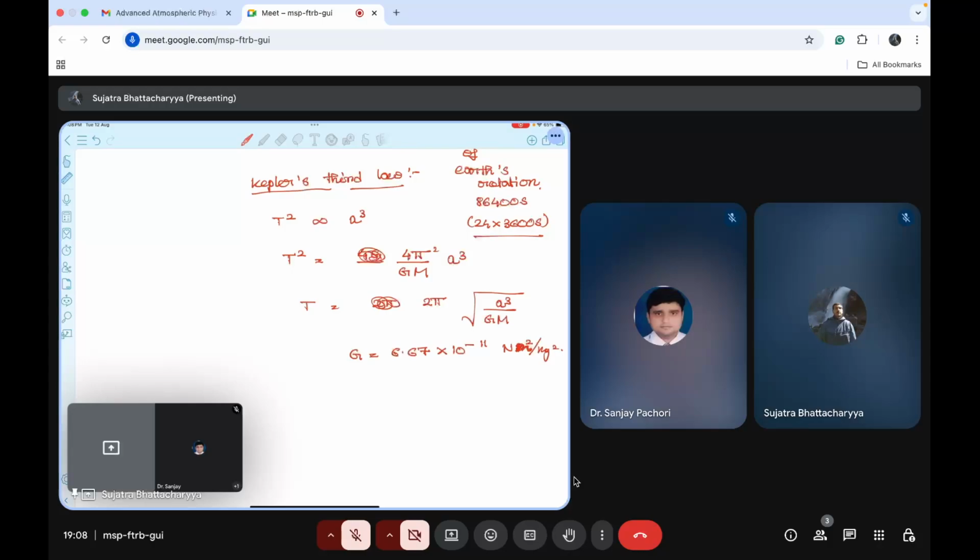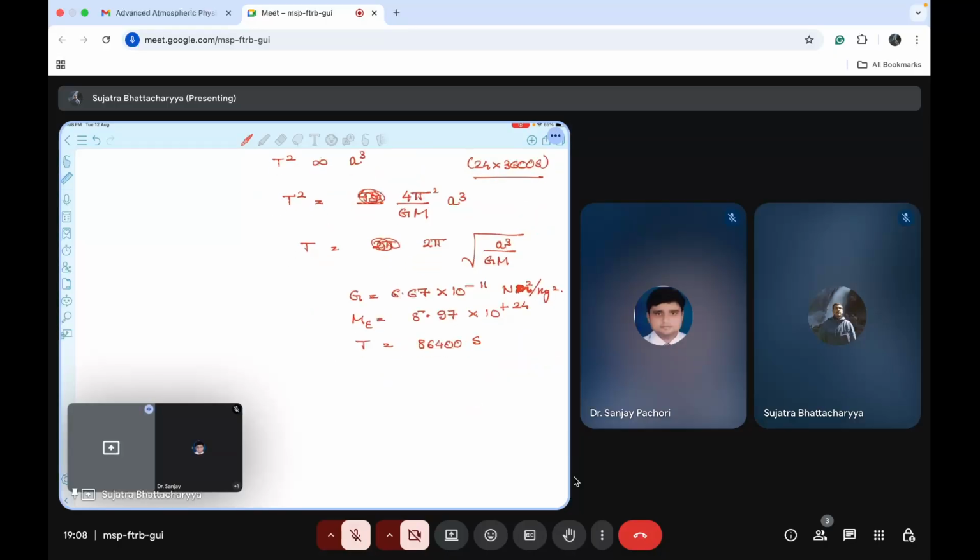And the mass of the Earth, you can just search it in the browser. It should be 5.97 into 10 to the power 24, not minus, plus 24. So GM is known, and the time period is also known, which is 86400 seconds.